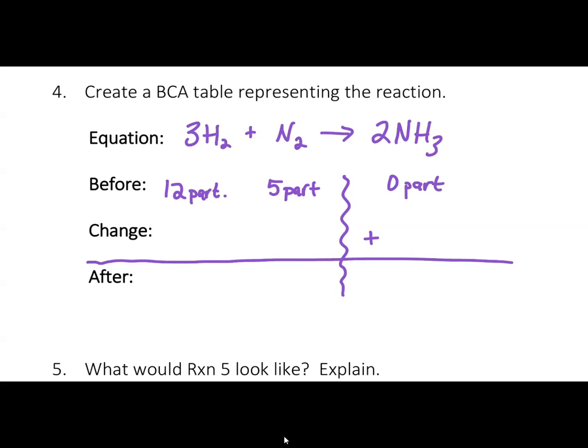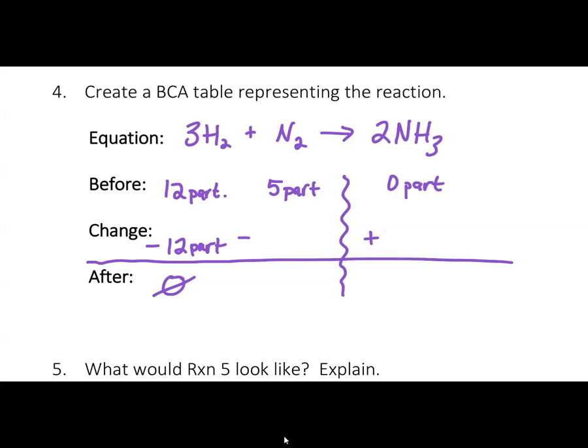Okay, we know we're going to form and we're going to use up, so we can add our plus and minuses. Based on what we have from our graph, we know that all of the hydrogen got used up. So we're going to subtract all 12 particles and be left with that number of moles.